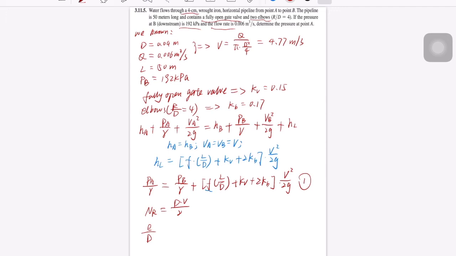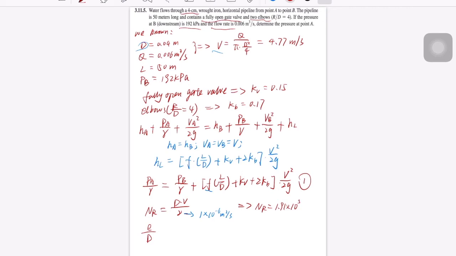So at 20 degrees Celsius, the kinematic viscosity equals 1 times 10 to the power of -6 square meter per second. And we know the D value and the V, so we can get that Reynolds number equals 1.91 times 10 to the power of 5.